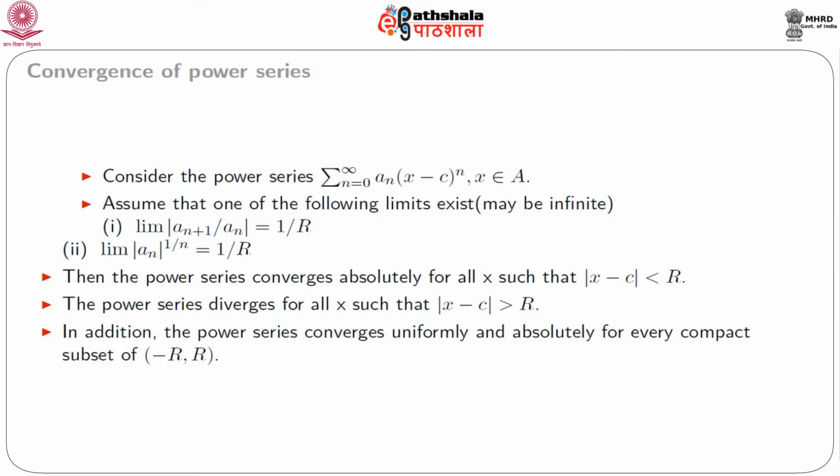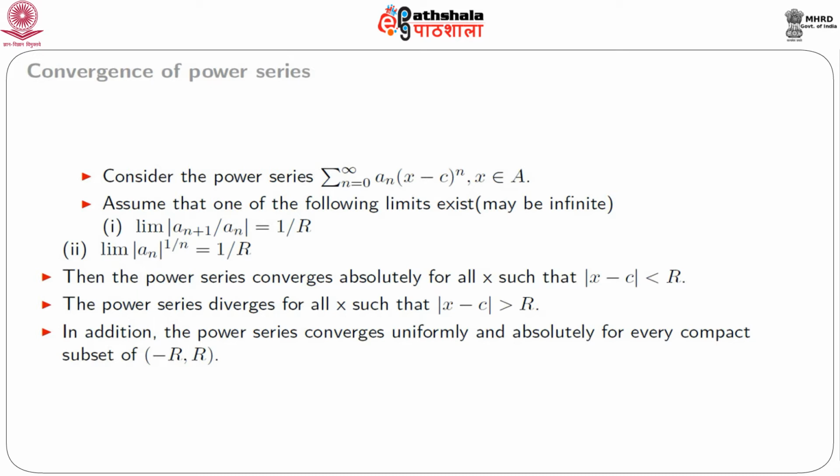Number 1, limit of absolute value of a_(n+1) divided by a_n is 1 by r, and number 2, limit of absolute value of a_n to the power 1 by n is 1 by r. Then the power series converges absolutely for all x such that absolute value of x minus c is less than r. The power series diverges for all x satisfying absolute value of x minus c greater than r.